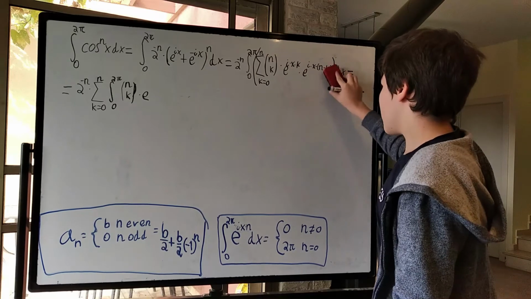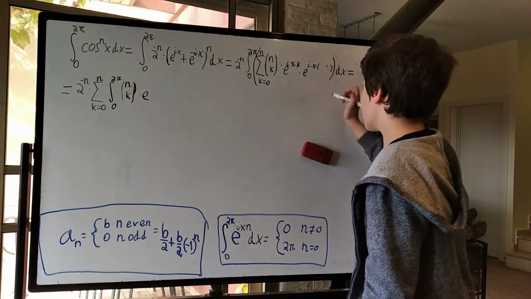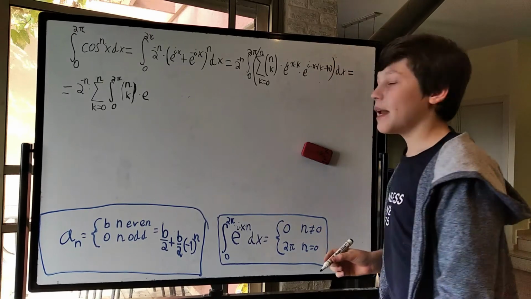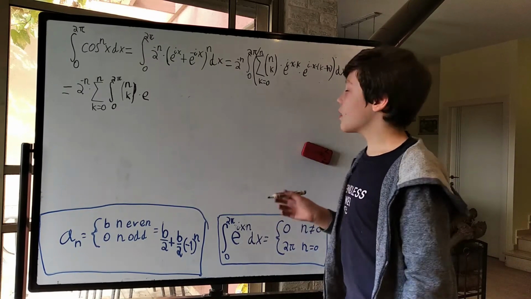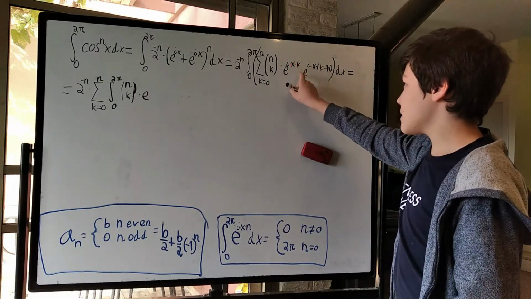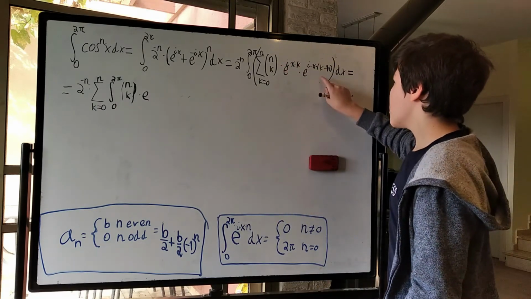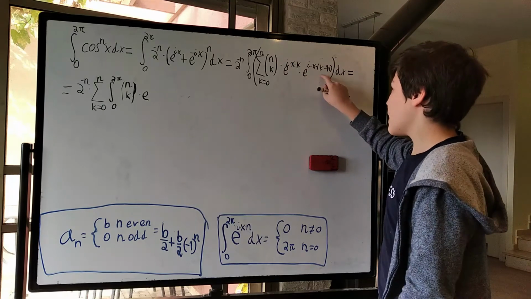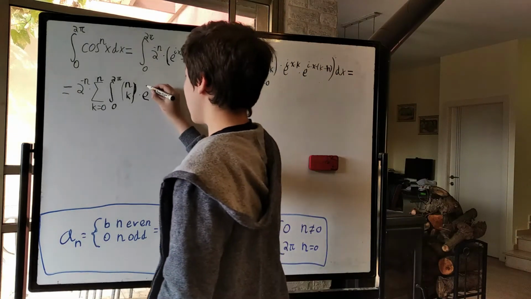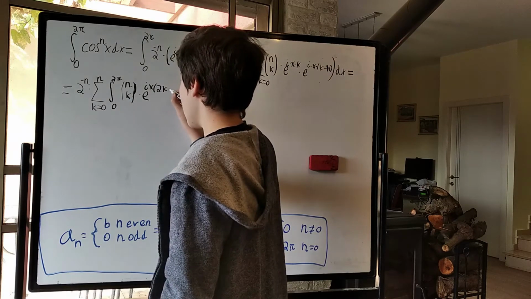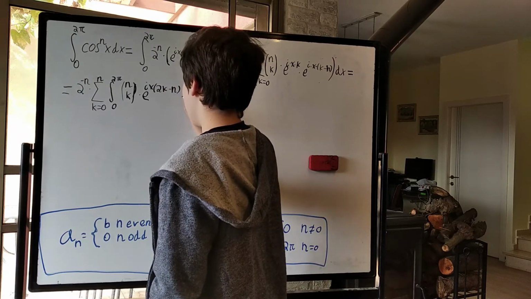So this n minus k turns into a k minus n. And now when we add the powers, we can take i times x out in the parentheses. We'll have left k plus k minus n. So e to the ix times 2k minus n.